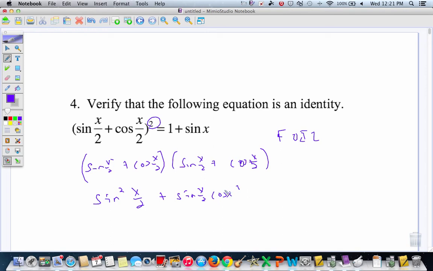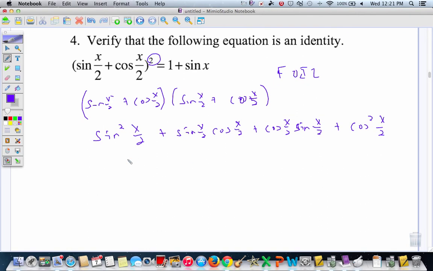Outer terms, sine x over 2 times cosine x over 2. Inner terms would also be cosine x over 2 times sine x over 2. And our last terms, cosine times cosine is cosine squared of x over 2.